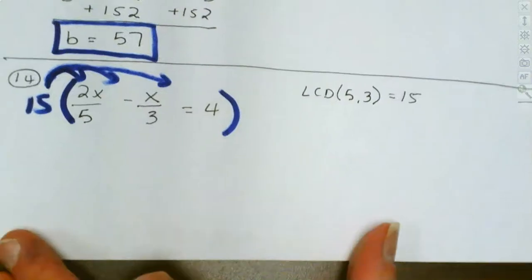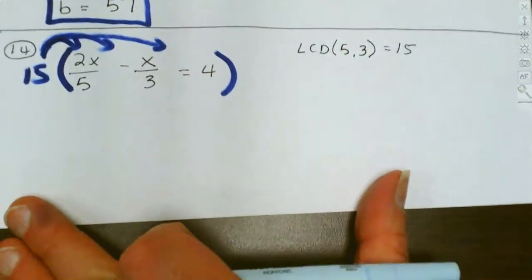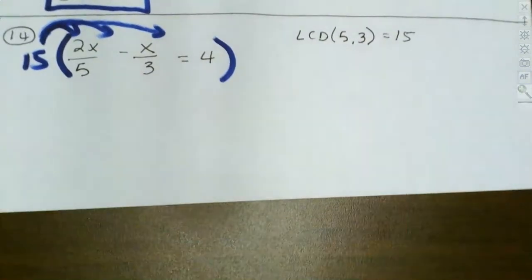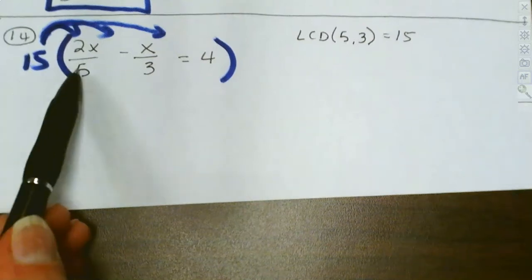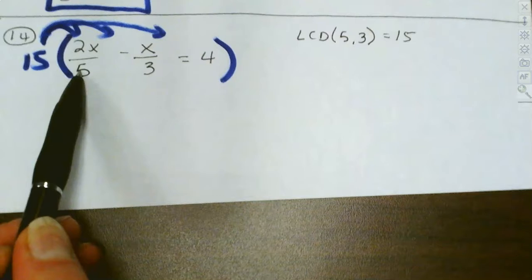And when we distribute through with these fractions, what do we do? We divide by the number down below in the denominator. We multiply by the number on the top in the numerator. So we're going to take that 15 and divide it by 5. Well, 15 divided by 5 is a 3.